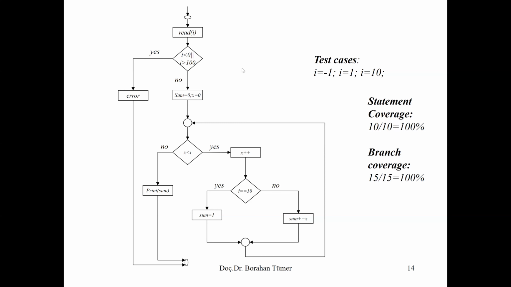So i less than 0 or i greater than 100. Well, -1, for example, makes this one true, and 1, for example, makes this one false.